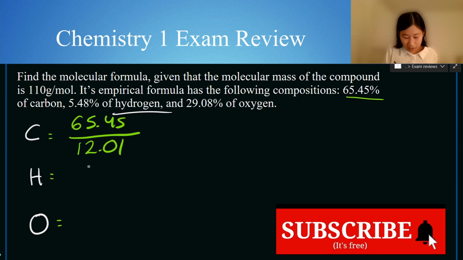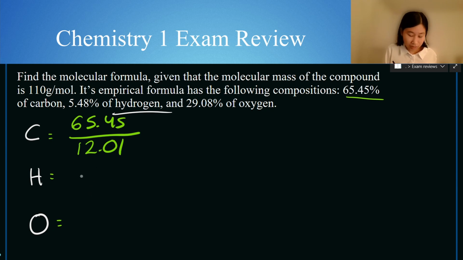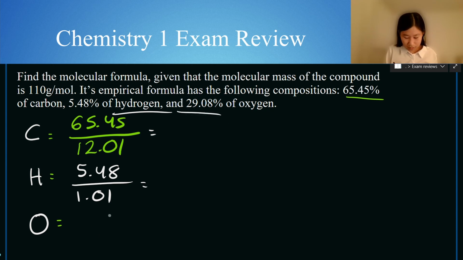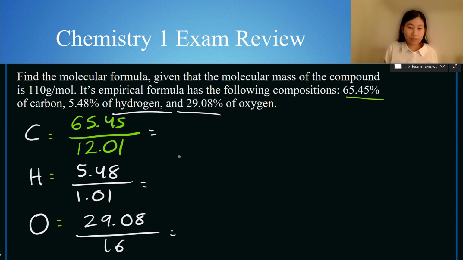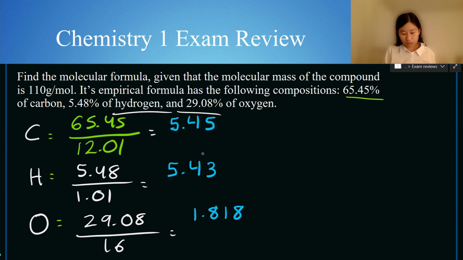Hydrogen says 5.48%, so I'm going to say 5.48 divided by the atomic mass of hydrogen, which is 1.01. We'll do the same thing for oxygen: 29.08 divided by 16. Now find the answers to all of these fractions. If you do all of these, those are the numbers you should get.